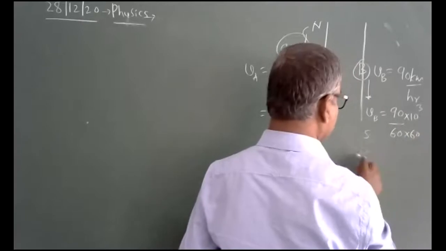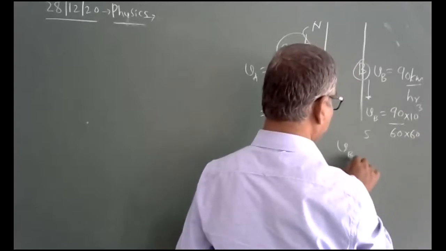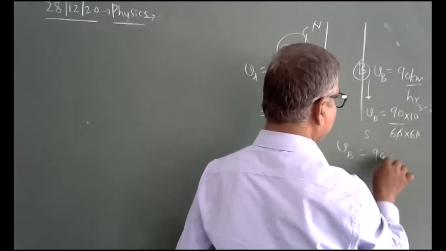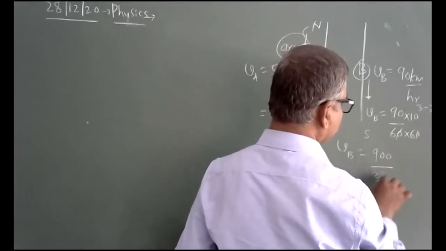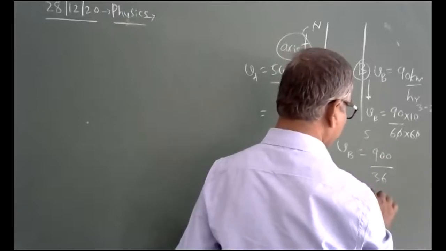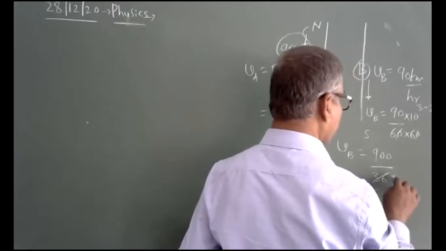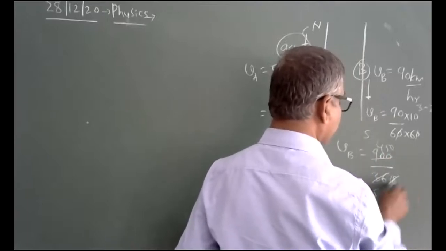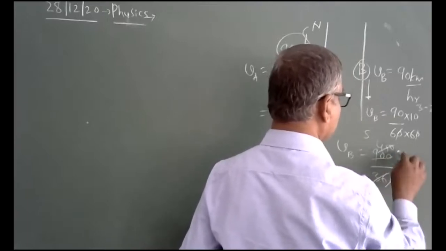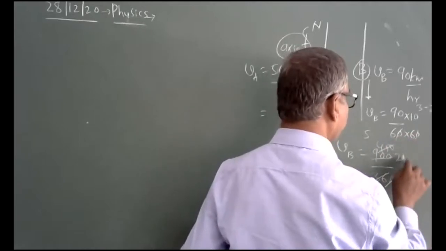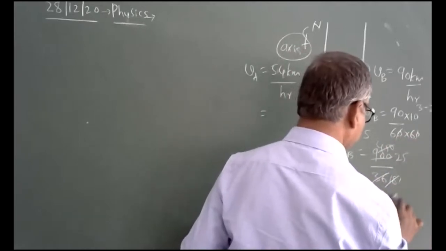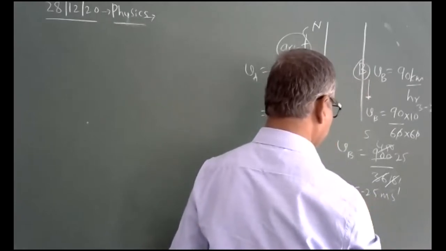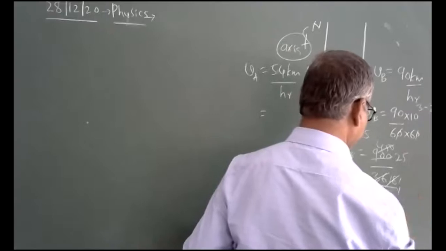If you simplify, it becomes minus 900 divided by 36. Simplification gives you 25 meter per second, and this is minus because train B is moving in the south direction.